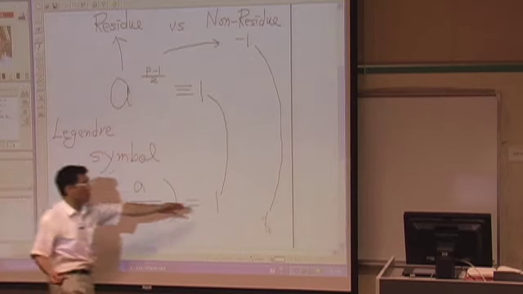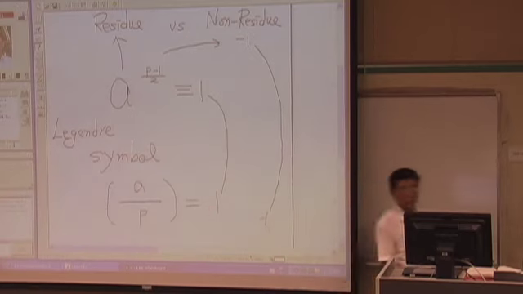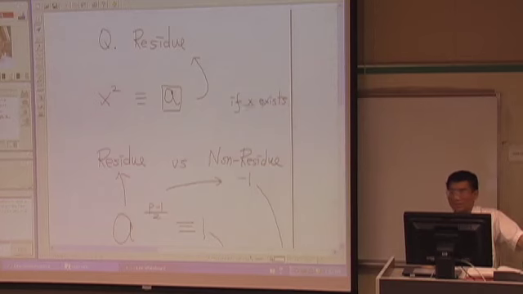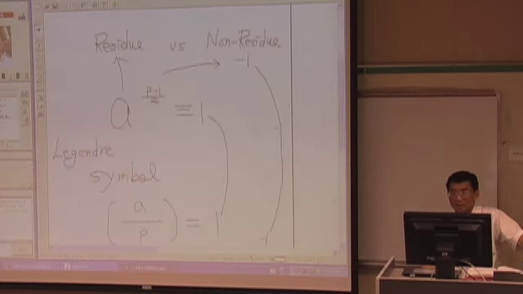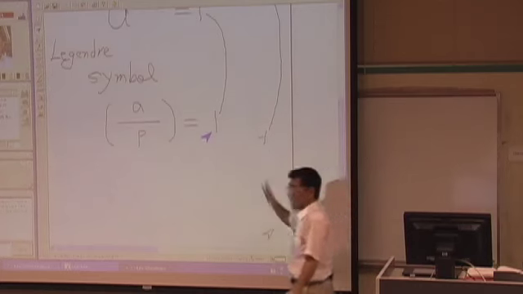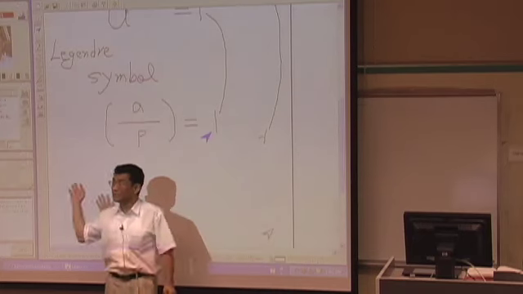Because this result determines whether the solution exists or not. And this existence guarantees some solution to more complicated problems. So if the solution exists, then this symbol shows 1. If it doesn't, then -1. So 1 is good, -1 is bad, right? Any questions up to this point?